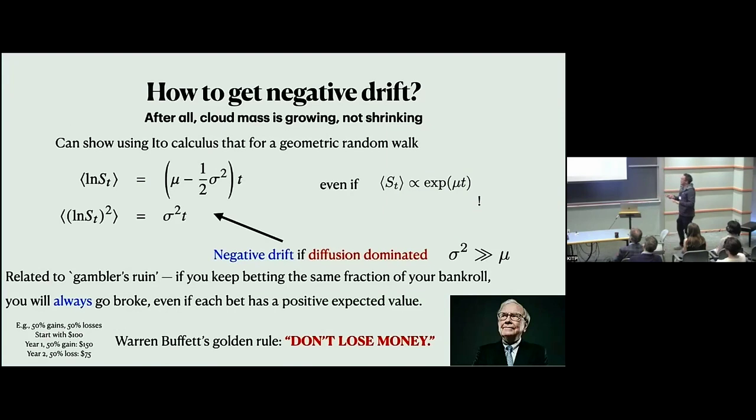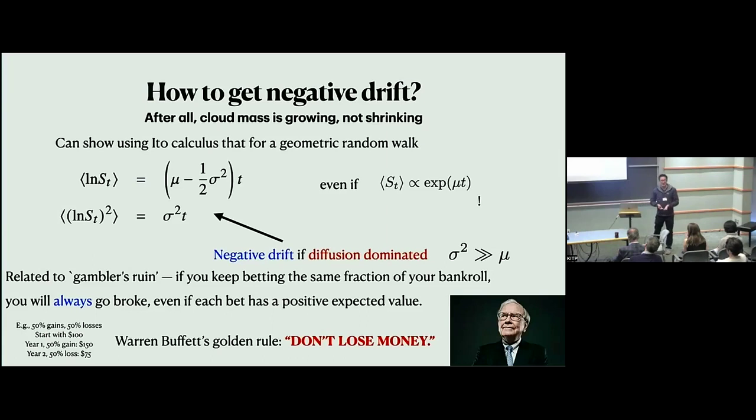It turns out you can use stochastic calculus to show that if your diffusion is much stronger than advection, then you will get negative drift in the log of a quantity, even if that quantity is growing exponentially. The easiest way to see this is to suppose I have 50% gains and 50% losses.